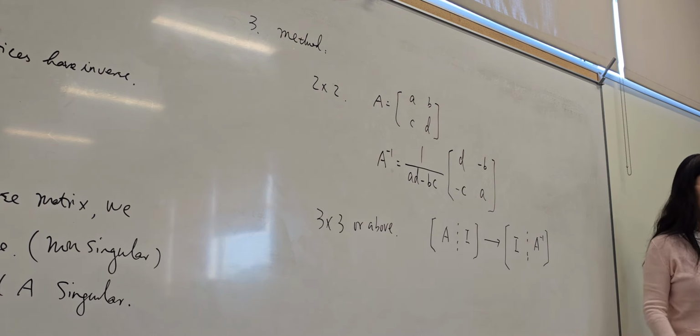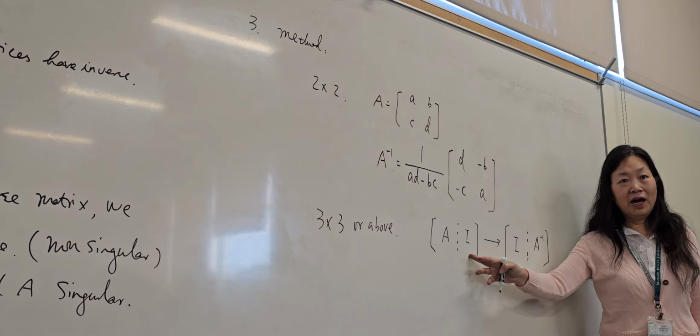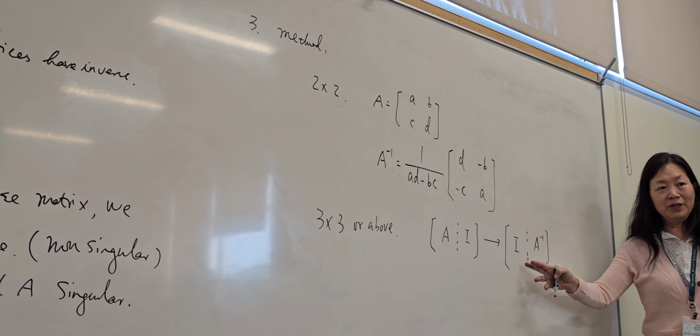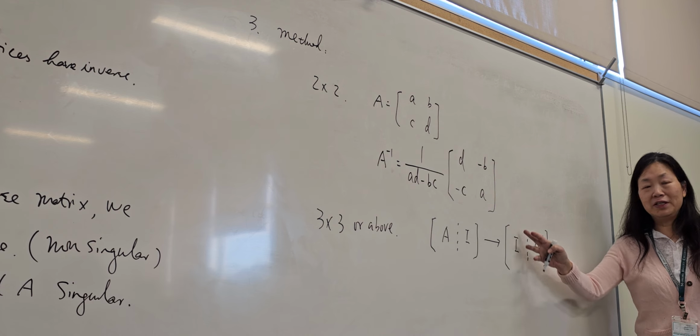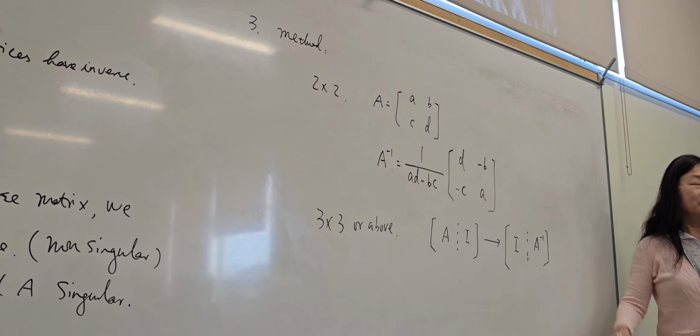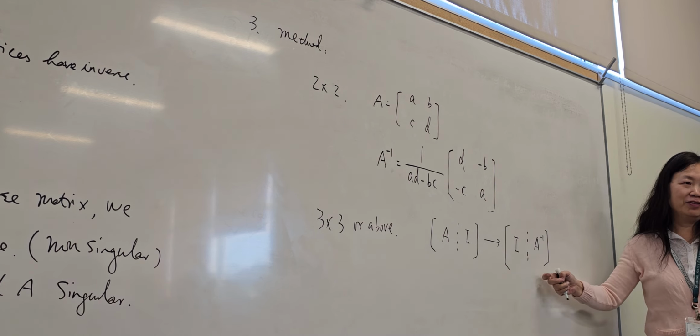So you kind of switch the position. You put an I next to your A, so there are two matrices together. You perform the operations, and you get your I back, and the other side is your inverse. You use this often. If you have to write code, that is your code.